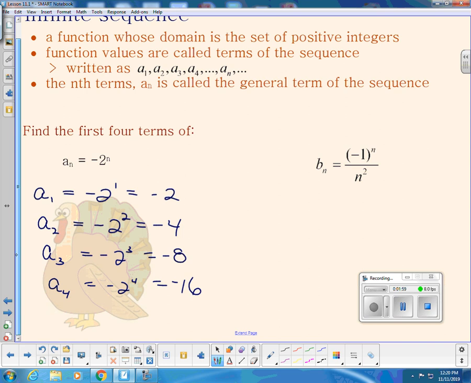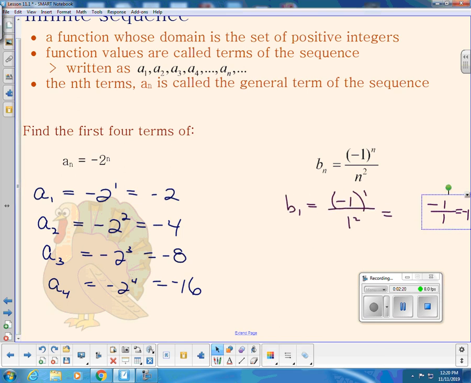In the second example, you got a little bit more going on. So B sub 1, the first term, is negative 1 to the first over 1 squared. Well, a negative to the first power is an odd power, so the negative is going to stay. So that just equals negative 1.